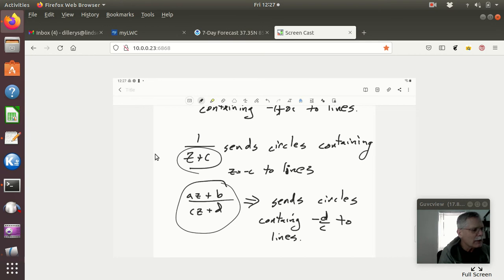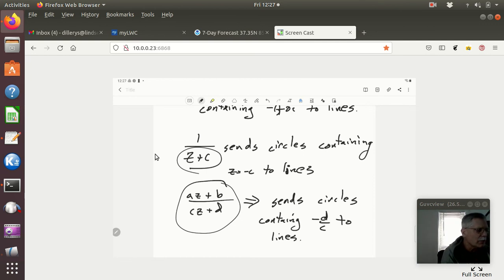But then when I realized that the proof for the 1 over z could be utilized, because we can always send things back to the origin through a translation, that's when I realized you could do this in a much simpler fashion, just using the fact that we knew what 1 over z did.